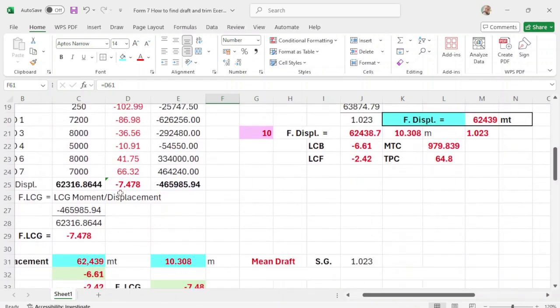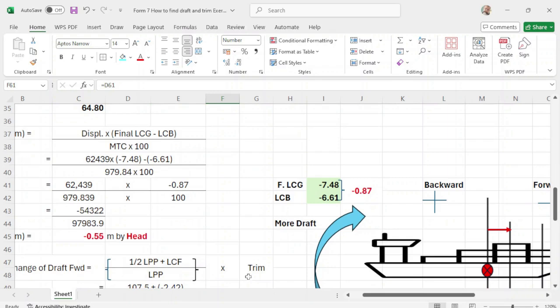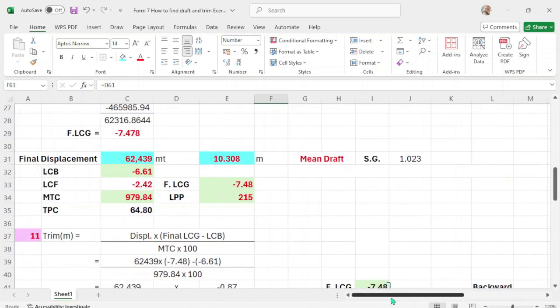And your LCB is this one, LCB of 6.61. This is your LCB from this drop or from this displacement. So you have now your LCB and your final LCG.